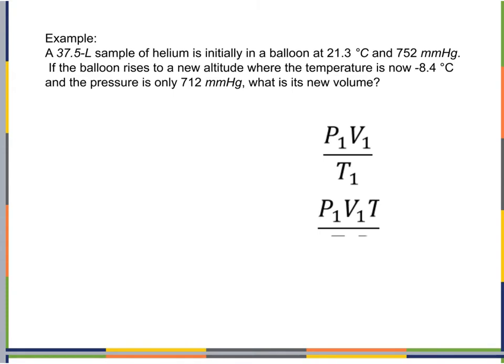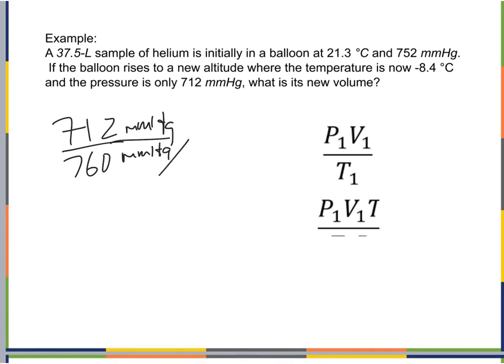Okay, so again, we plug things in. Pressure is this 712 over 760, right, so that's millimeters mercury, and this is 760 millimeters mercury per atmosphere.